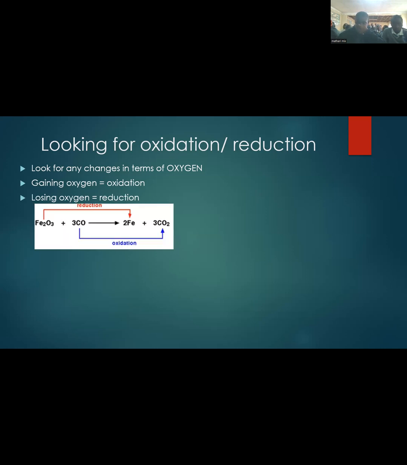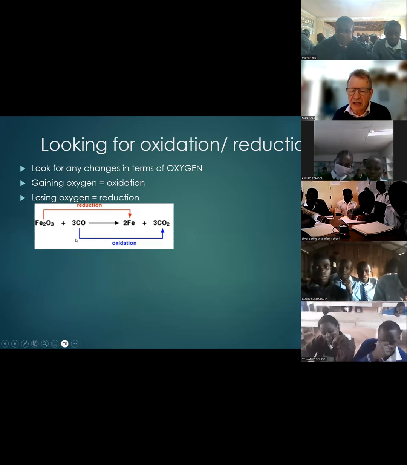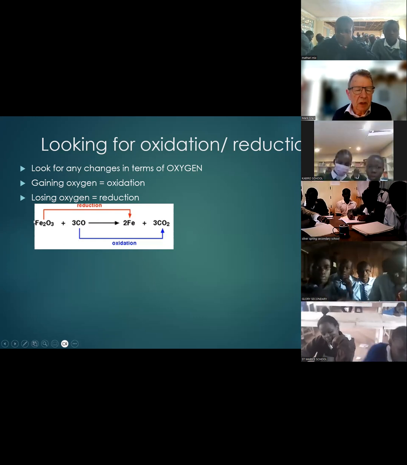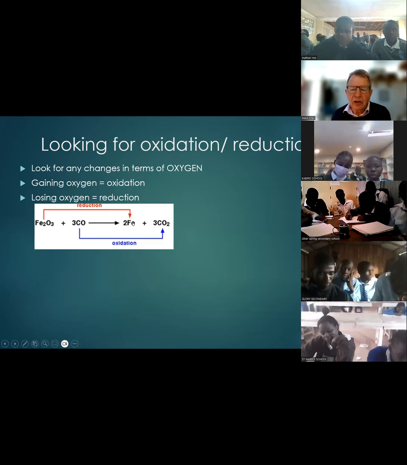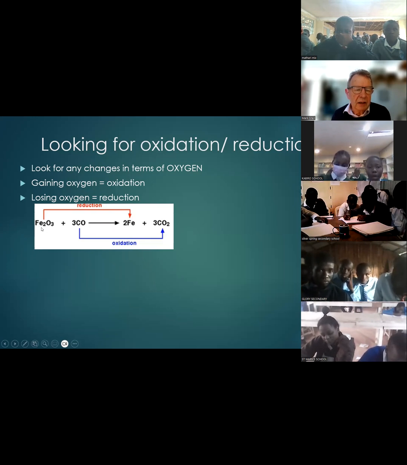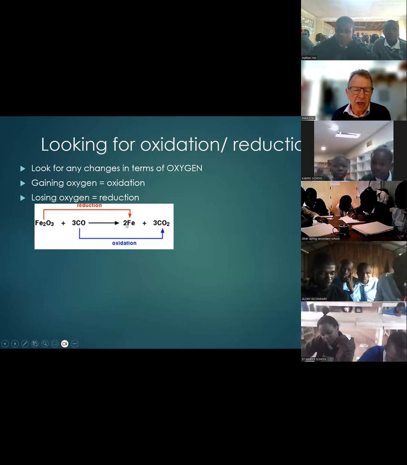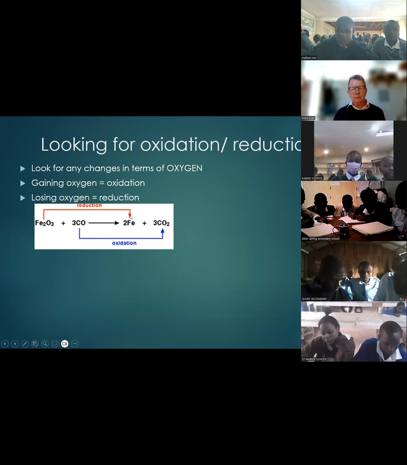So here are 2 examples here. So Fe2O3, iron 3 oxide, here on the left-hand side, excuse me, in the blast furnace, reacts with carbon monoxide, carbon 2 oxide. The Fe2O3 turns into 2Fe. So the iron here has lost its oxygen, and therefore losing its oxygen is reduction.